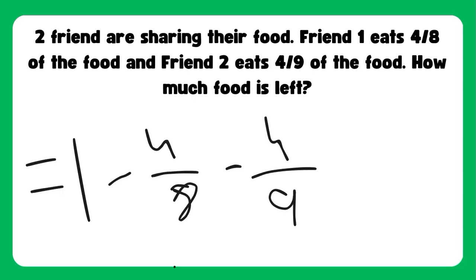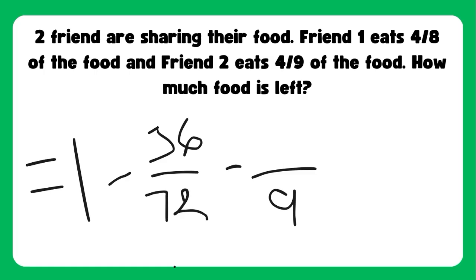So what we can do is we can find a common denominator and then we can do this easily. So 8 and 9, we can see we can just multiply this one by 9 and this one by 8. We can just do that. So this 4 times 9 gives 36 and 8 times 9 gives us 72. Then 4 times 8 gives us 32.